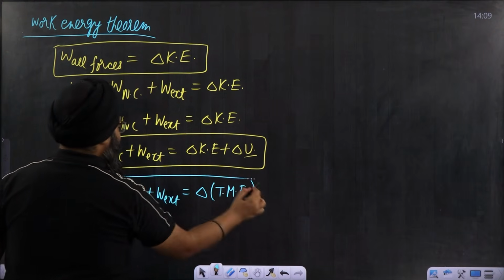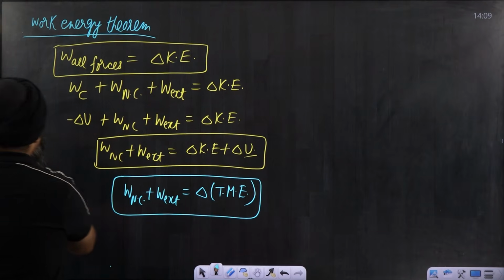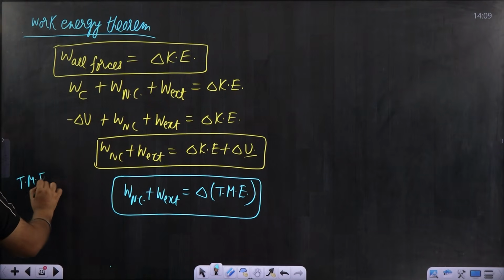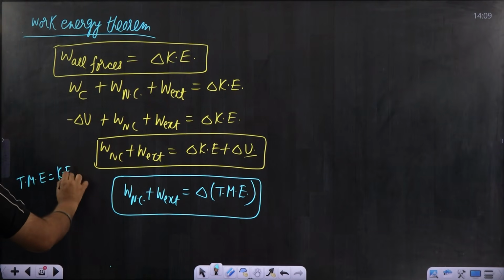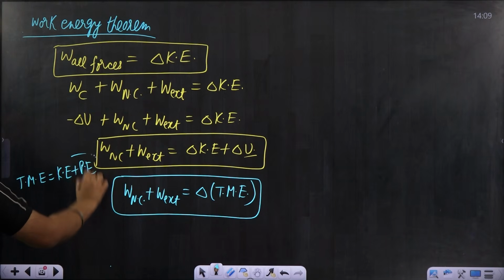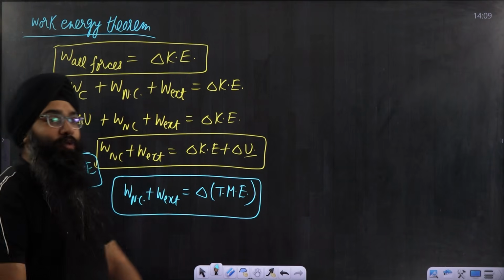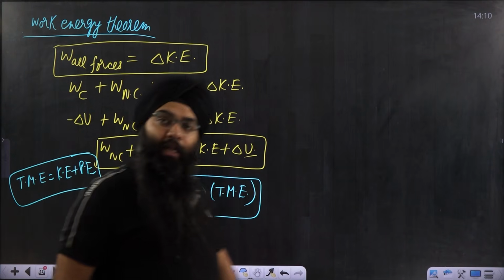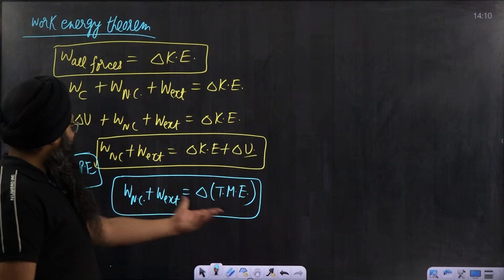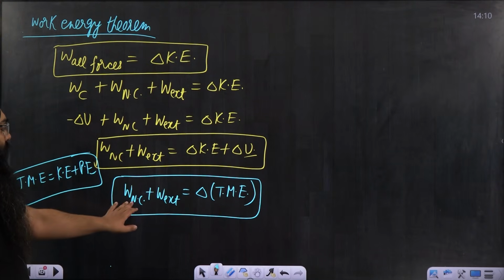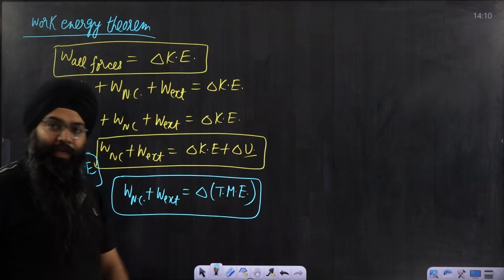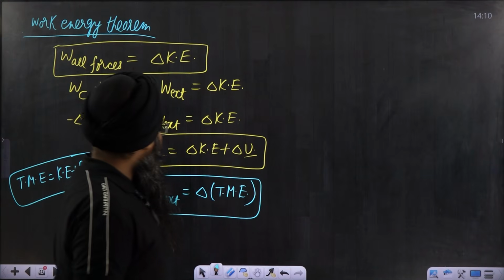What is total mechanical energy? It is the sum of kinetic energy and potential energy. So work done by non-conservative plus work done by external is equal to the change in total mechanical energy.